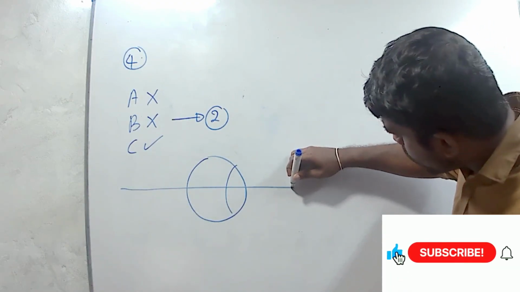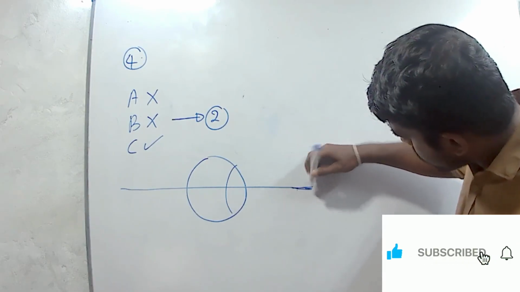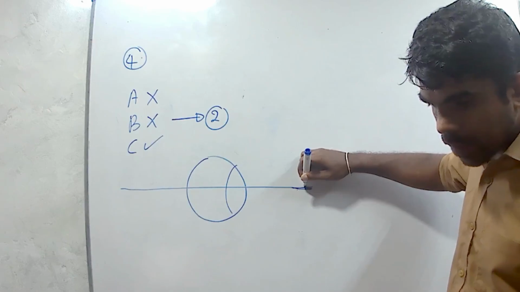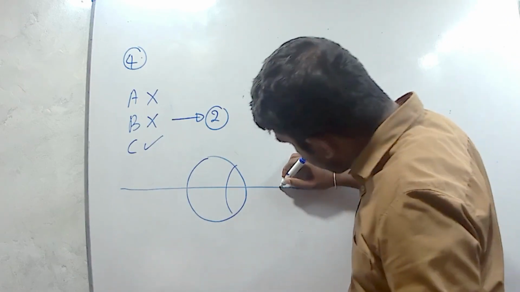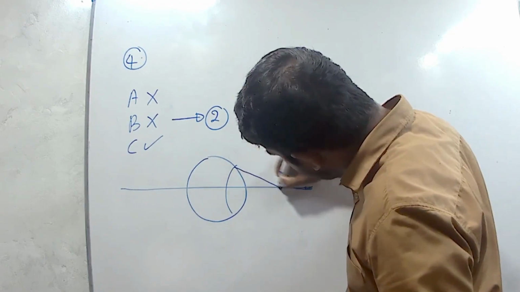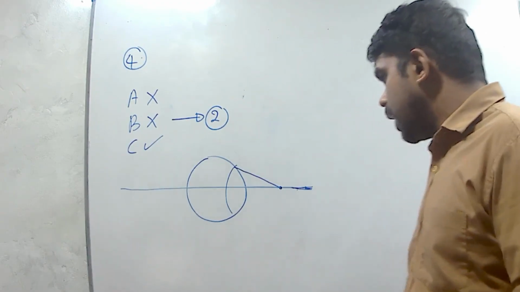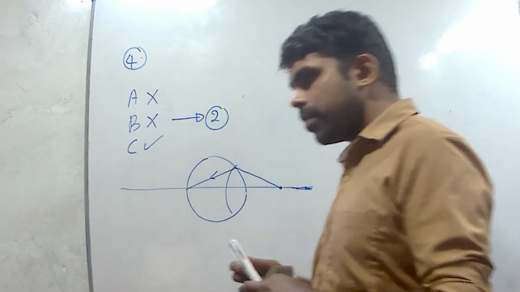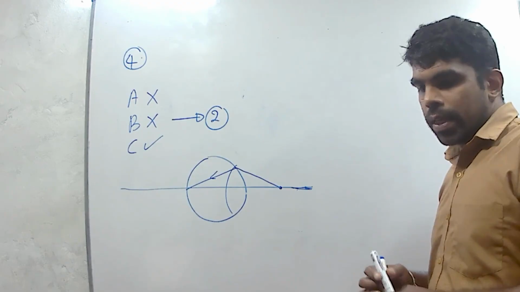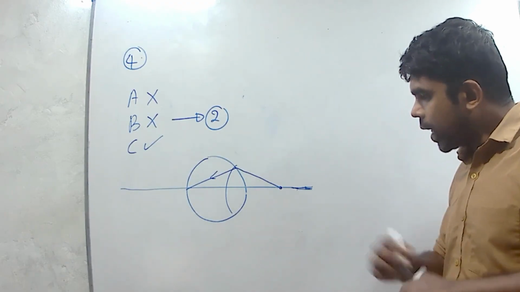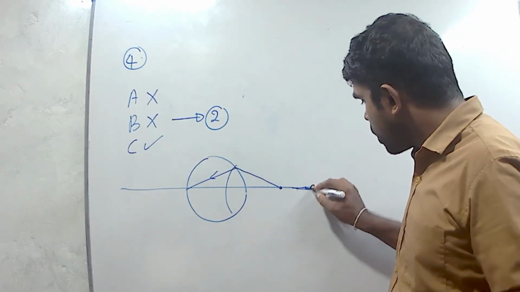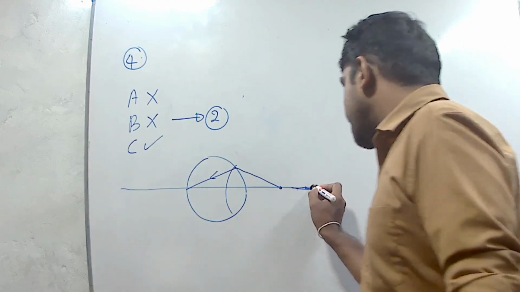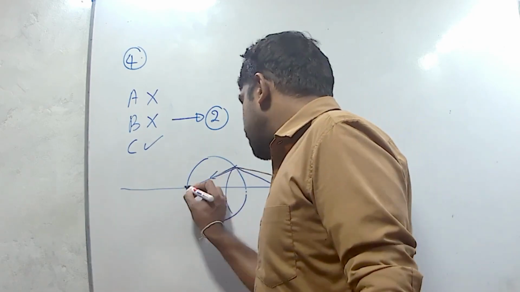If we can observe a point like this in air, we can see a distant object in water.